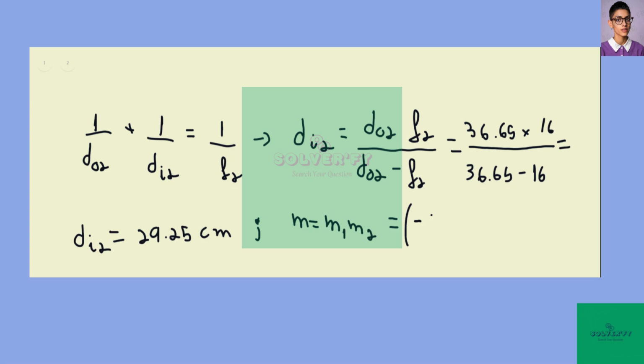So this is minus the image 1 over the object 1, times minus the image 2 over the object 2, and this is 0.46. So the image will be smaller than the initial object, but it will be a real image, at this distance from the second lens.